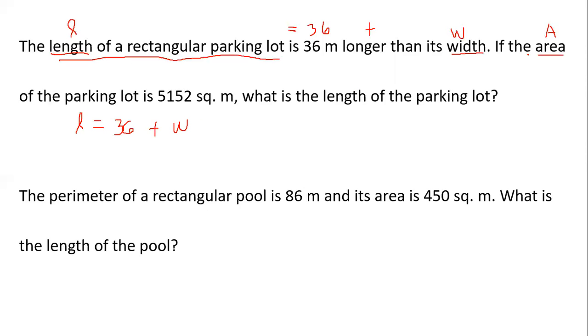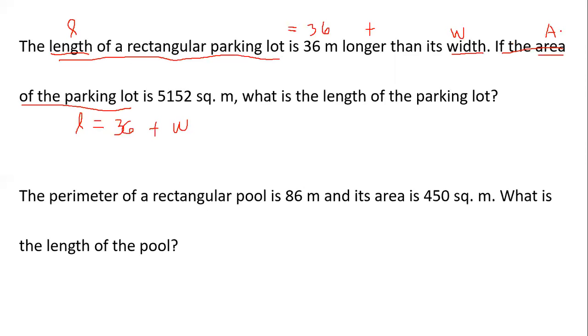Next sentence. If the area of the parking lot is 5,152 square meters. This phrase here, if the area of the parking lot, the most important aspect of that phrase is the word area.